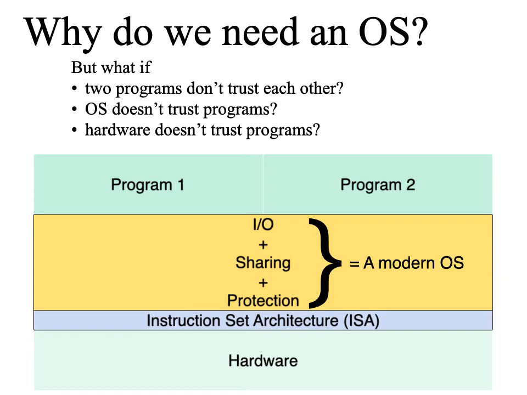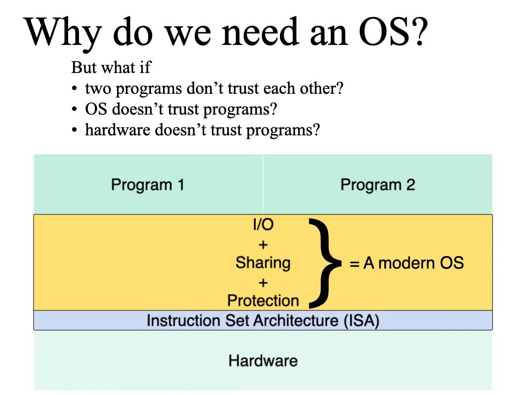And then sometimes you have to protect the hardware from the programs. Some programs may not be allowed to, say, access certain hardware devices, like the microphone or your camera. So who enforces these access control policies? Who protects the hardware itself? Well, again, that's the role of the operating system. And sometimes these programs may not trust the hardware.